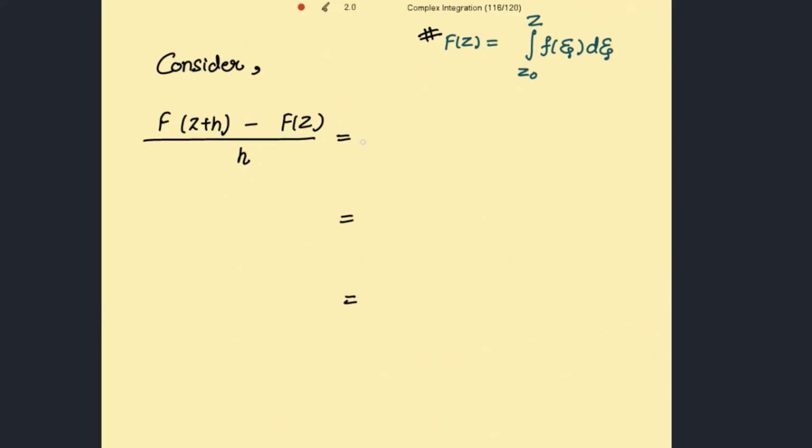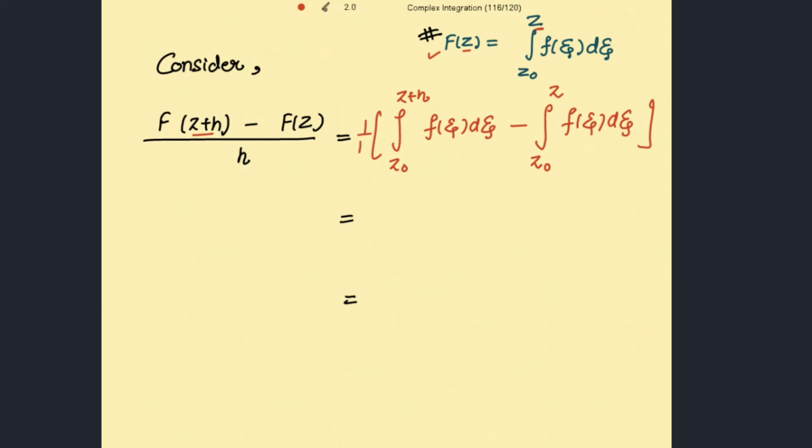So this is equal to, by this definition, F(z plus h) becomes the integral from z0 to z plus h of f(ξ) dξ, right? Minus F(z), which is the integral from z0 to z of f(ξ) dξ, and it is also divided by h.